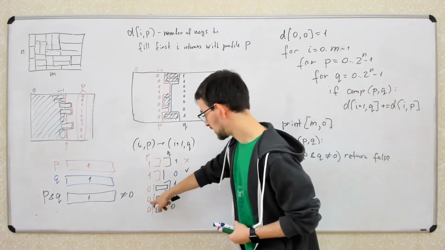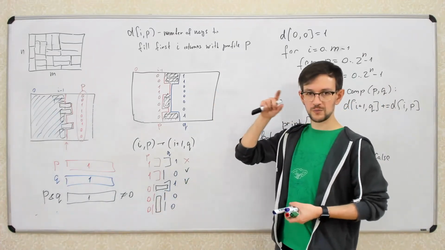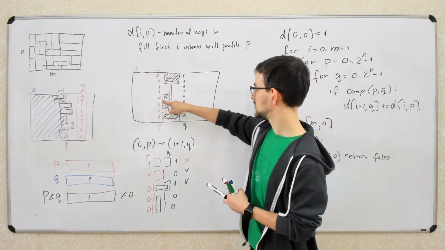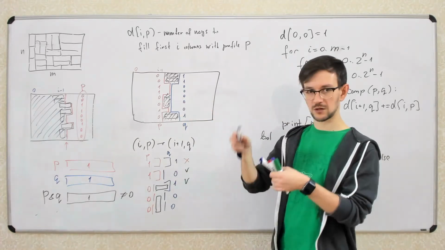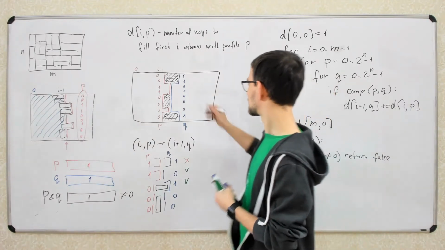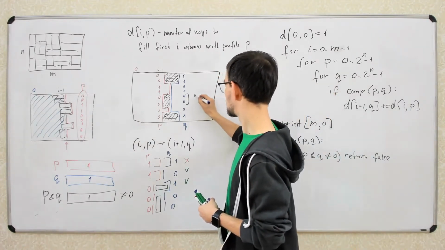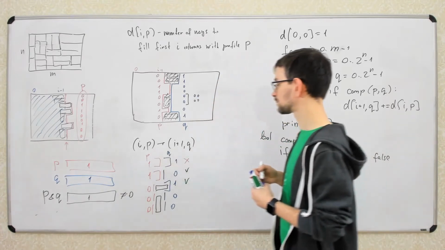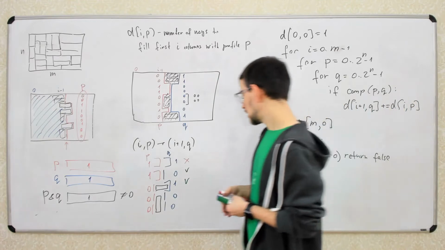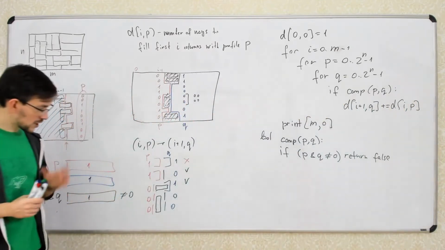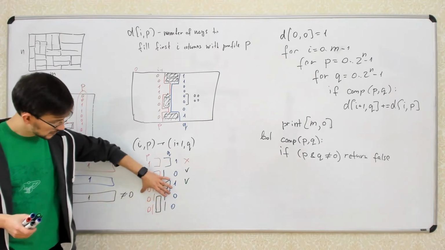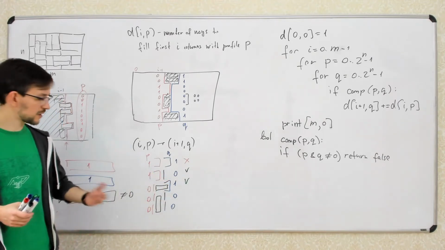So all these combinations of 0 and 0 should come in pairs. You need to split all these 0, 0 pairs in pairs. So here we have 0, 0, and here we have 0, 0. And this is what you need to check: that all 0, 0 pairs can be taken as common pairs.